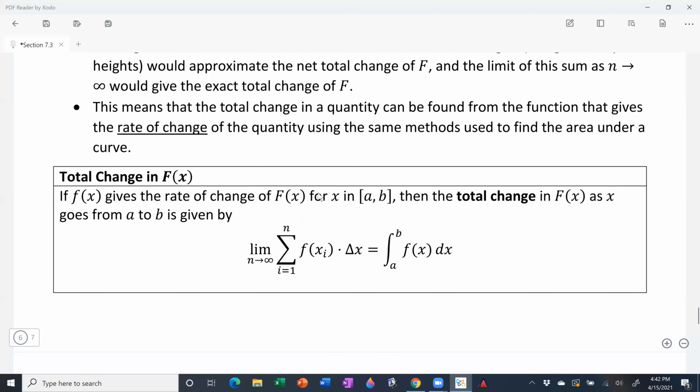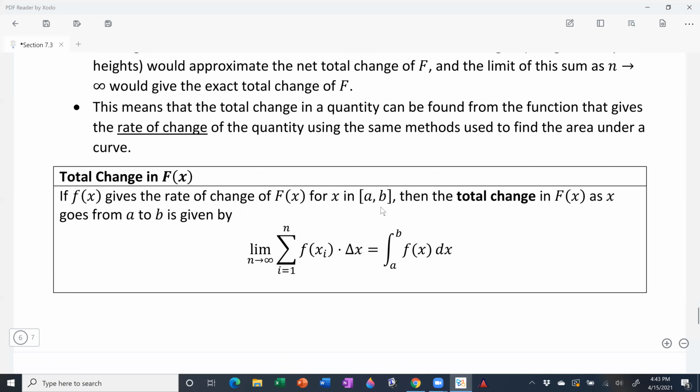Now, earlier in this section, we were doing area for the definite integral, and that only really made sense to call it area if our function was always positive or always above the x-axis. But for total change, if you've got a function that's going up and down and all around, you could have negative values come out.